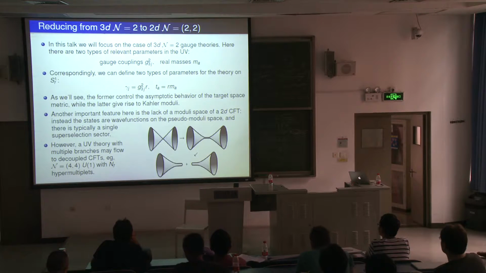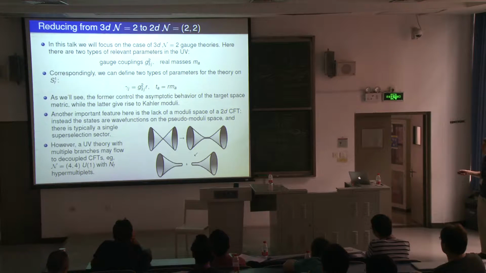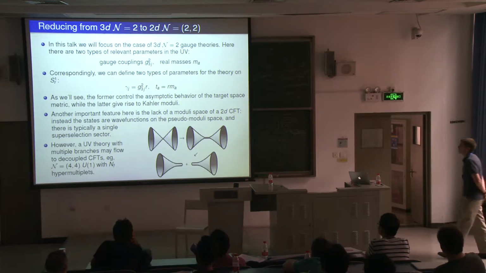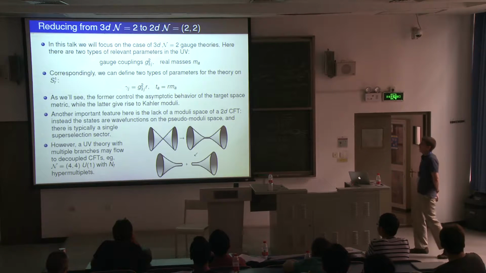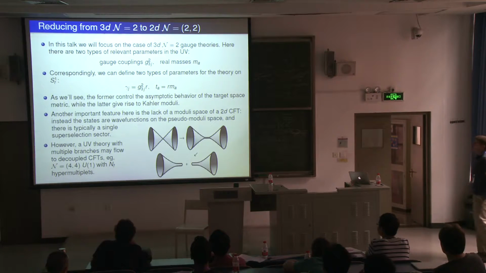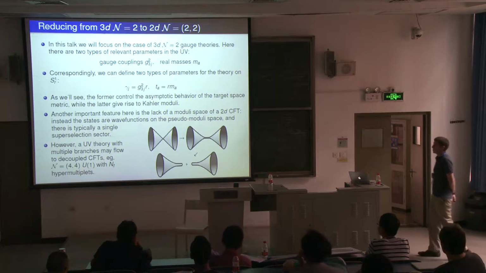And correspondingly, these dimensionless parameters that are going to characterize the theory on a circle, I'll define gamma_j to be the jth gauge coupling times r, and t_a to be the ath real mass times r. And as we'll see in examples later in the talk, these gammas will basically control the asymptotic behavior of the metric on the target space.